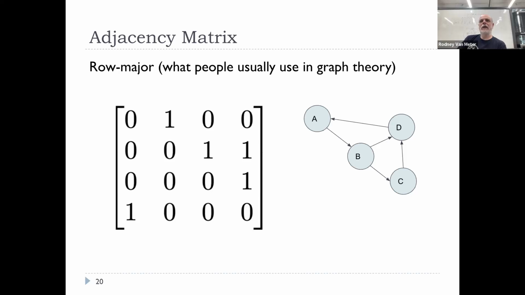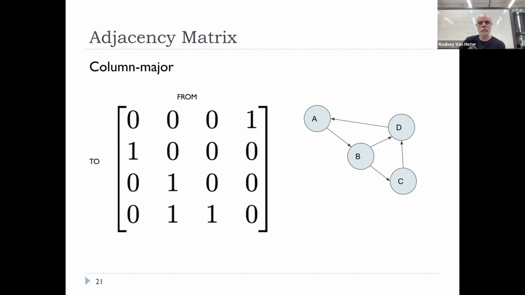As noted on the slide here, because we're talking about the origin and the destination of this directed edge going from A to B, as written here, this is row major format for the adjacency matrix, where the row represents the origin of the edge, and the column represents the destination of the edge.